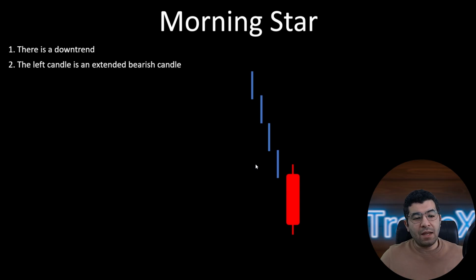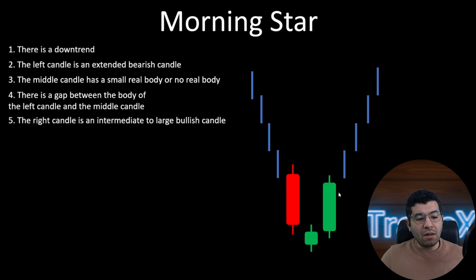Second, the left candle should be an extended bearish candle. This means that the left candle should be larger than the last X candles or be among the top 10% of them. Third, the middle candle has small real body or no real body. And you may ask how to recognize this.